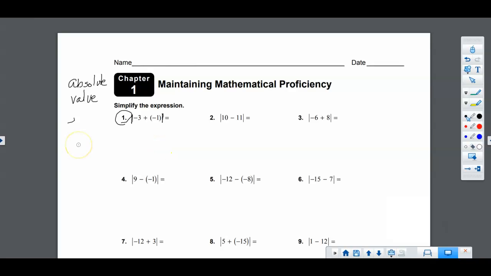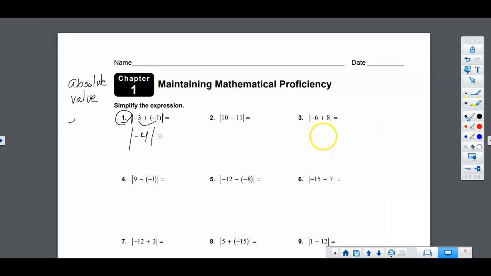Absolute value is never a negative number in the end, although it may be represented here, like we see a -3 plus a -1. If I do -3 plus -1, negative and negative keep going in the negative direction, so I have -4. My absolute value bars are still there.